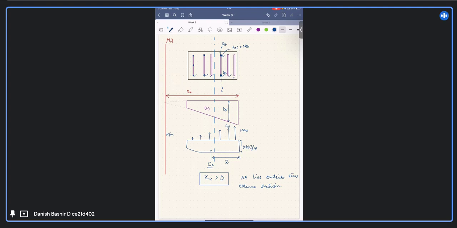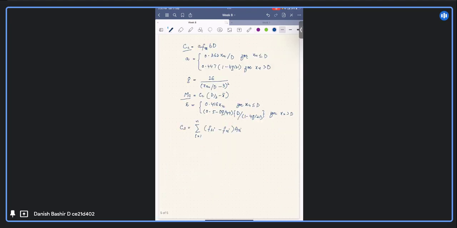Same, FSI is the stress in the rebars at the ith line, the design stress in the ith row. And FCI is the design compressive stress level in concrete. For example, if this rebar is in compression, the surrounding concrete will also be in compression. So FCI is the design compressive stress level in concrete at the ith row. You have to remember these things.